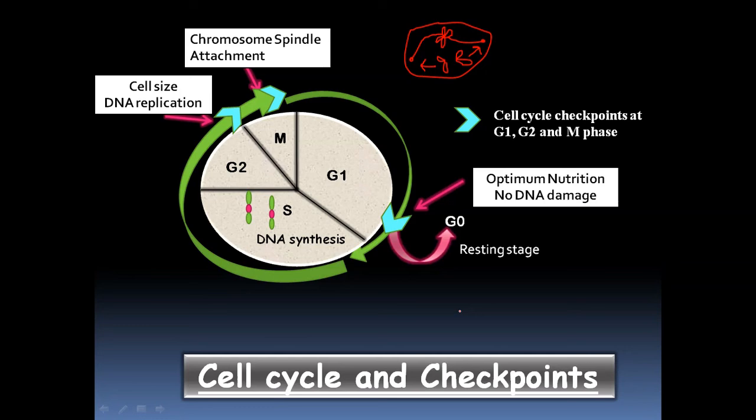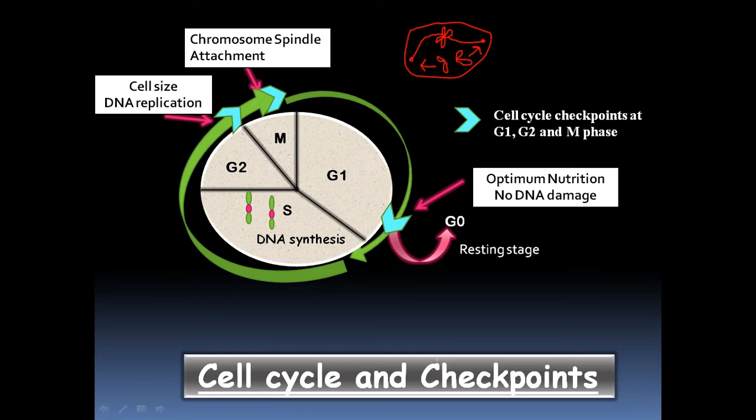And then we have a negative regulation also, through signal molecules that are generally proteins, which are P53, P21, and retinoblastoma, that is another protein, the RB protein, which is basically negatively regulating this cell cycle.